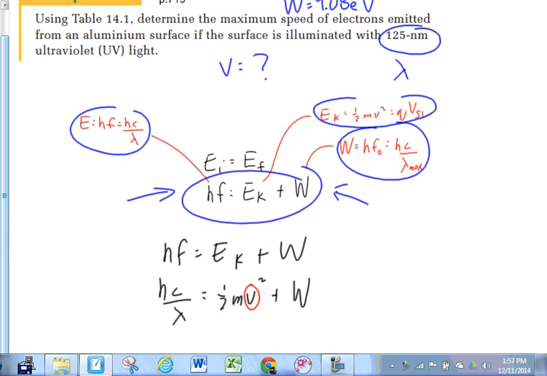Pay real close attention to what I'm about to say. This is the last big thing that I'm going to say today. 9 times out of 10, you can use joules or electron volts, whatever you want. But if you're using 1/2 mv squared or you're using qV stop, you must use joules.